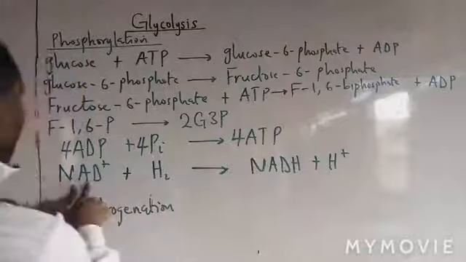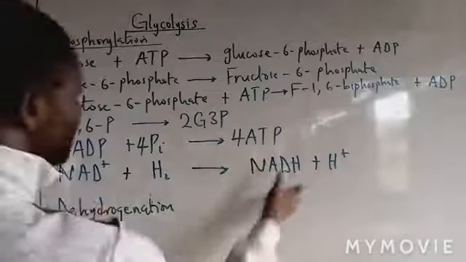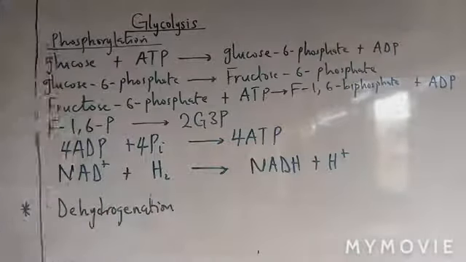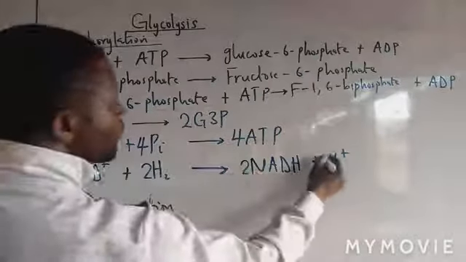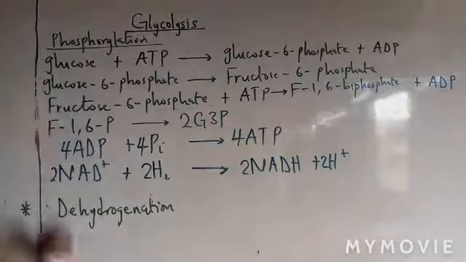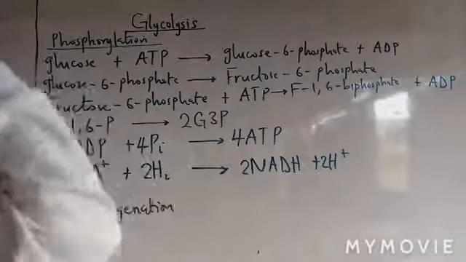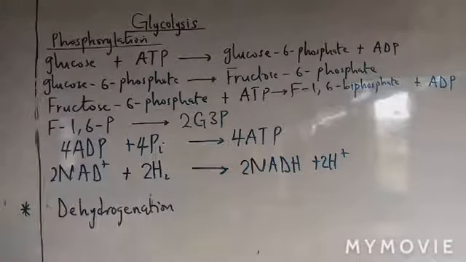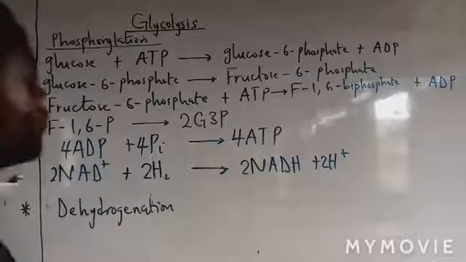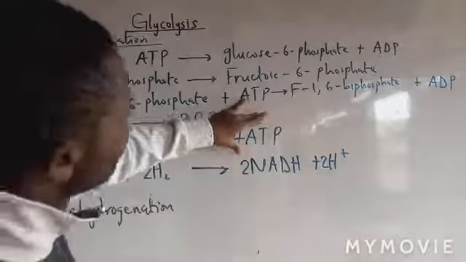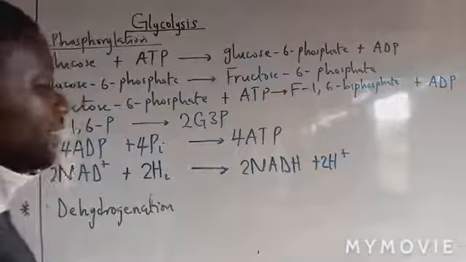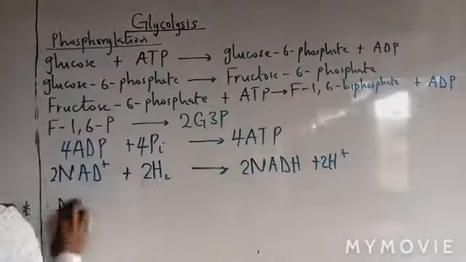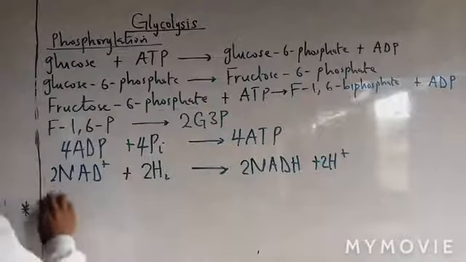This is an oxidized form and this is a reduced form. Usually this is 2 to 2. So the major purpose of glycolysis is to produce 4 ATP and the NADH.